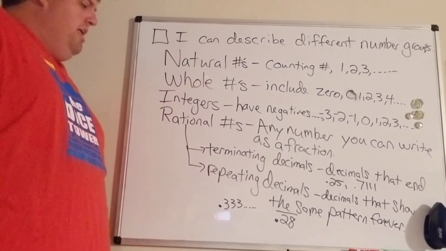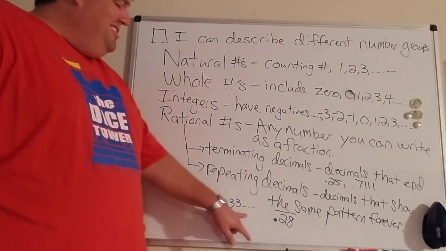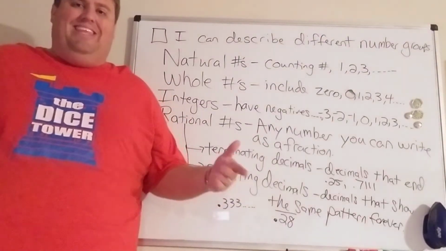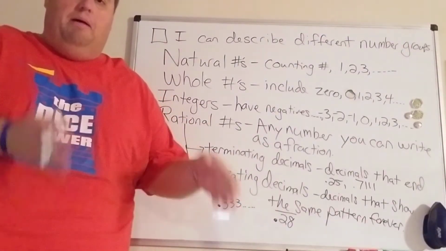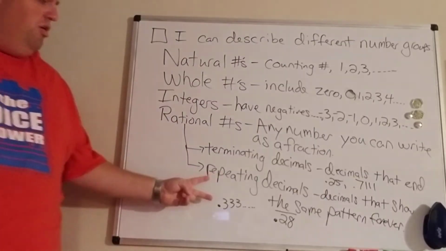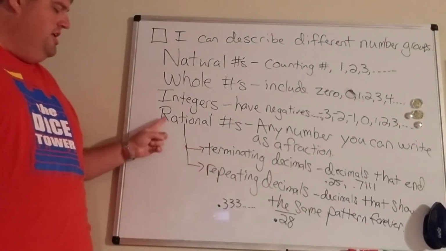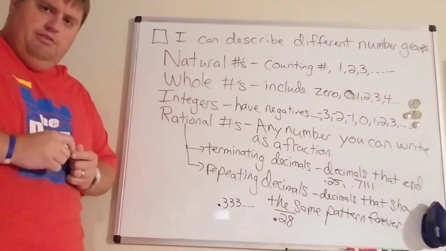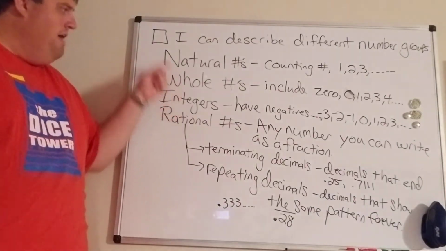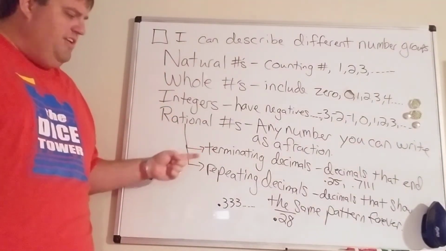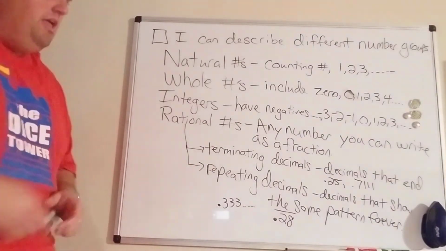It could have as many digits as it wants in that sequence that repeats, but the key is that it's the same set of numbers over and over forever. These are the only two types of decimals that fall into the rational numbers. So we have all of these numbers that are rational, and then these two specific types of decimals.